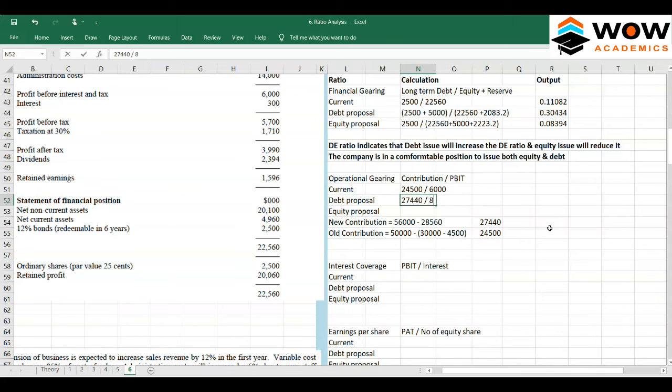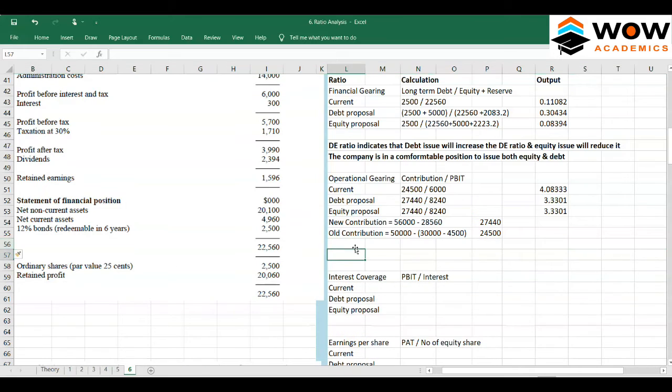So we can put it like this: the operational gearing of the company falls, which is good.